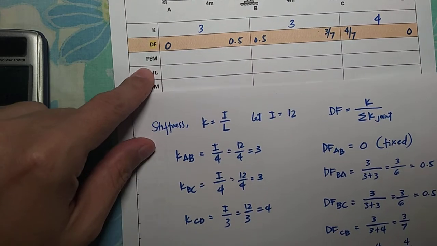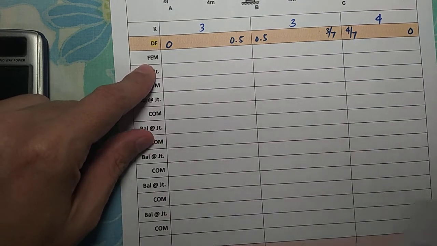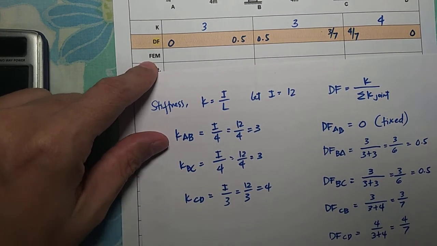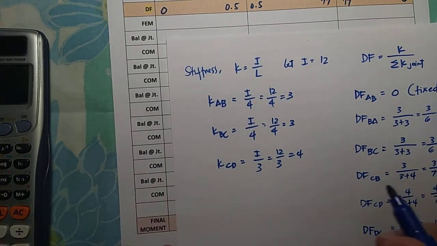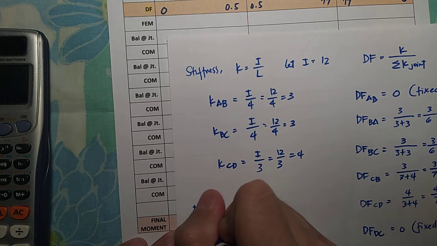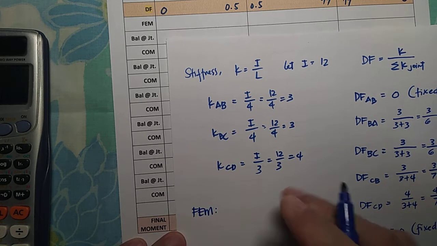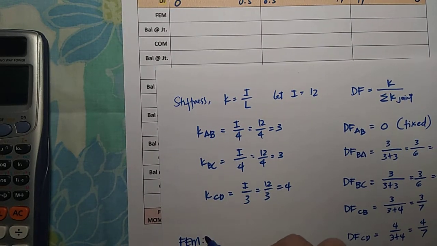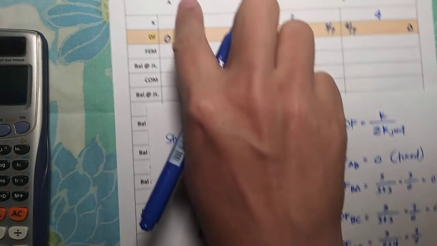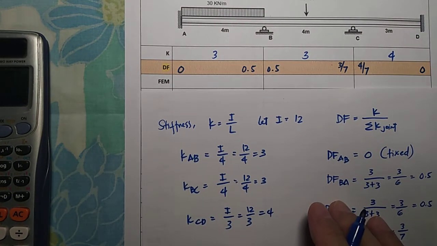The next step is to identify the fixed end moments. For member AB, that is a uniform load.